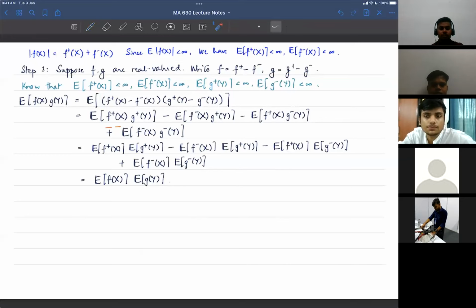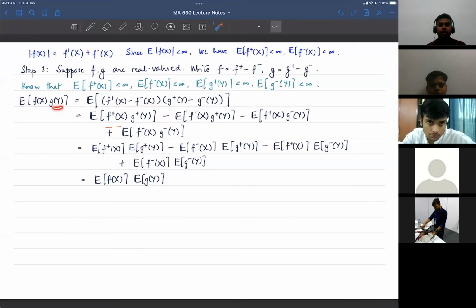Okay, and now I'll ask myself, how do I take expectation of f of x times g of y? Here I'm taking a product of random variables. So of course, the first random variable f of x, I will decompose into positive and negative parts. That's f plus x minus f minus x.